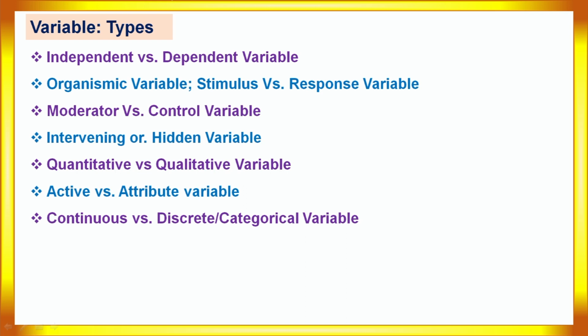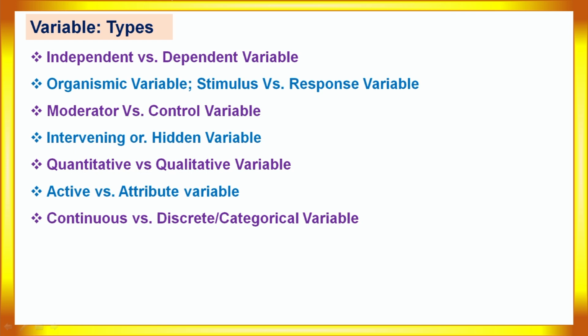Now, a variable may be active or attribute in nature. An active variable is one which is manipulated by the researcher for the purpose of the study. Like in studying the relationship between teaching methods and academic achievement, different teaching methods can be used to study what change happens in the academic achievement of the student. So, teaching methods in this case are an example of an active variable.